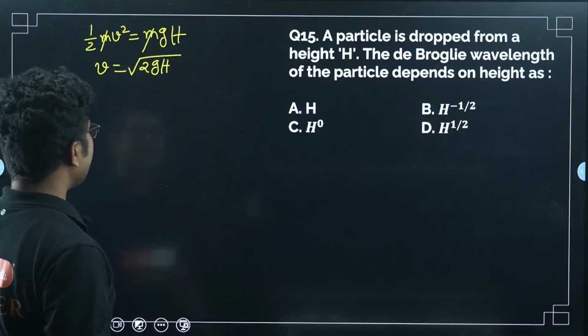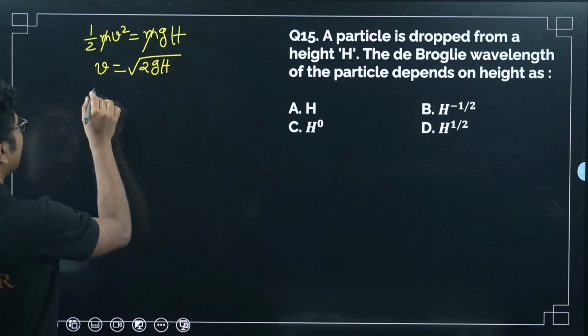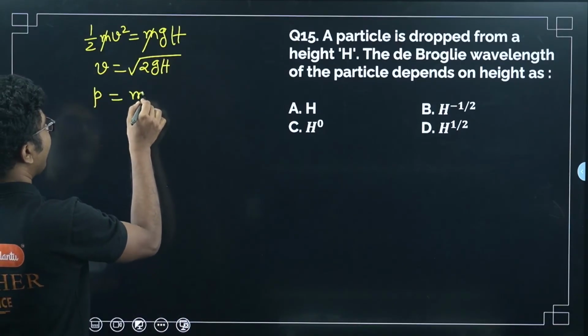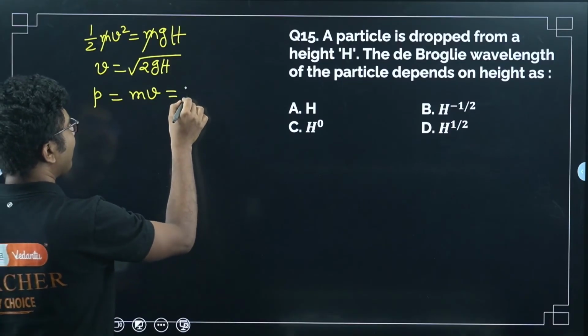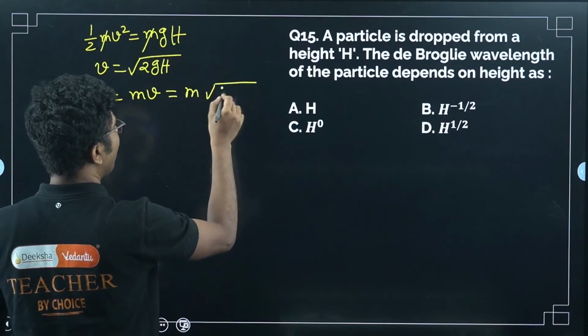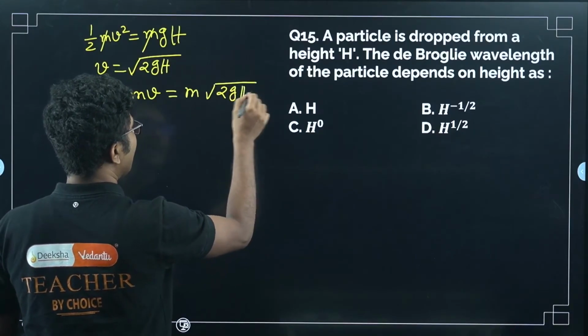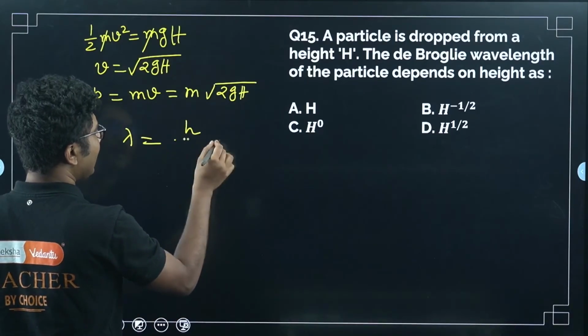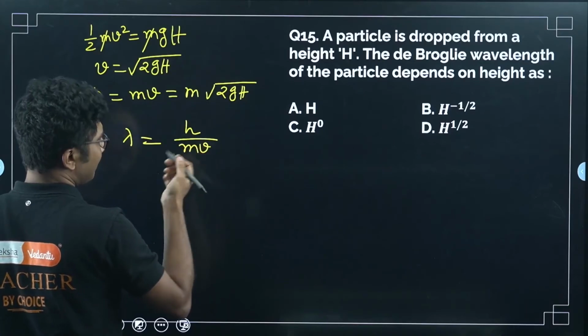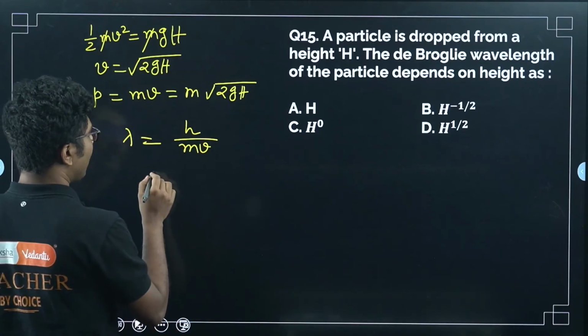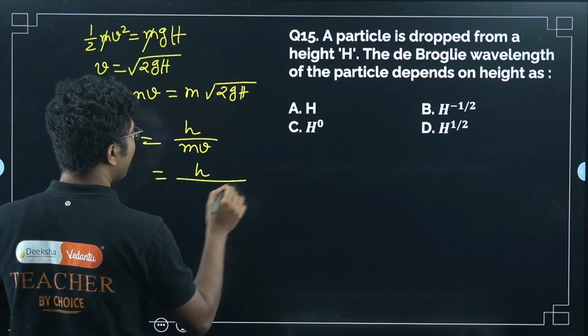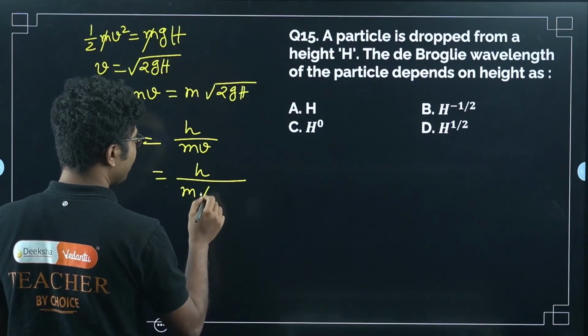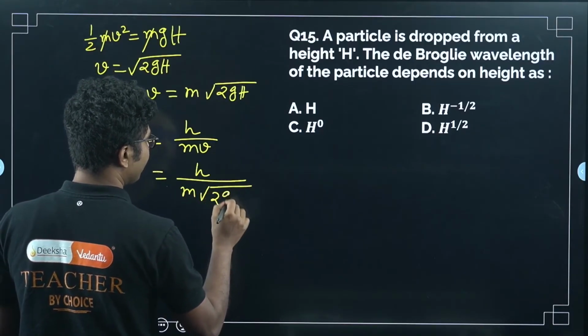So then what is the momentum? Momentum is mv, that is m times square root of 2gh. Now what is the de Broglie wavelength? De Broglie wavelength is h by mv, h by p or h by mv, no matter how you write. So h by m times square root of 2gh.